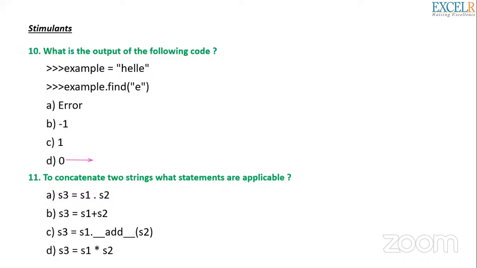What do you think is the answer? 1. Very good. It occurs at index position 1. The first E comes at index position 1. That is why you get the output as 1. 1 is the correct answer.